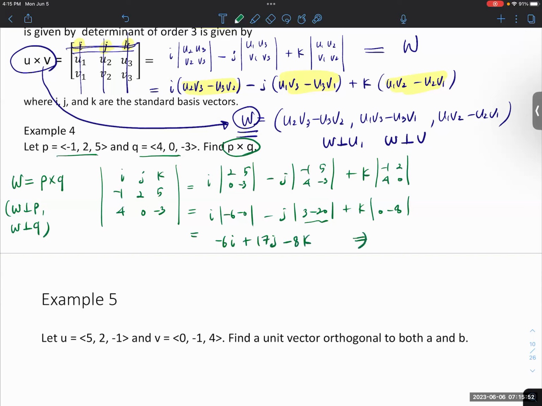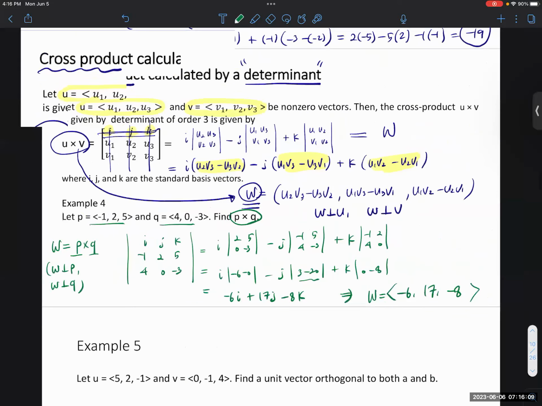Therefore, this time W is the -6, 17, -8 vector. This is perpendicular to P and Q each separately, respectively. Makes sense, right? So you can find out the W vector.